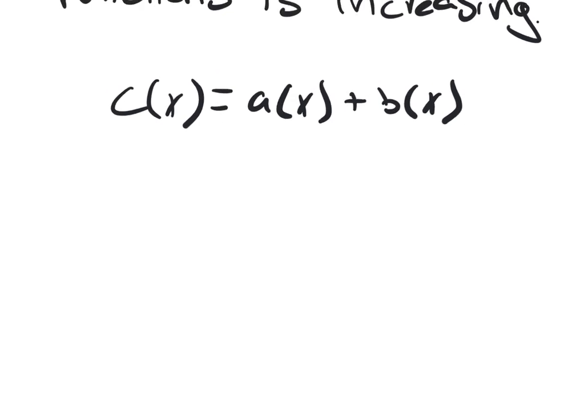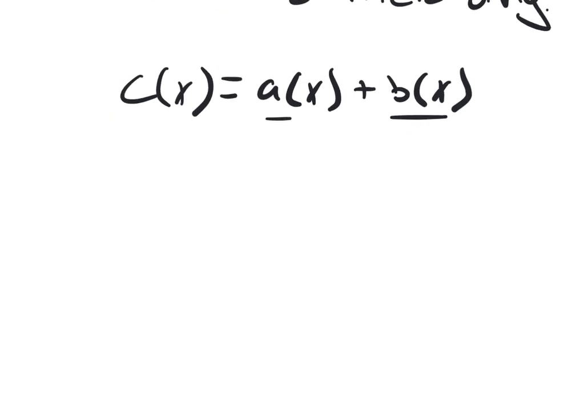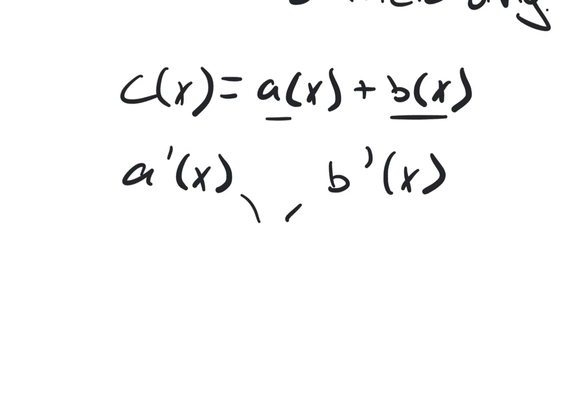So since both of these functions are increasing, we can assume that the derivatives of both, a prime of x and b prime of x, are both greater than 0 because they're increasing.